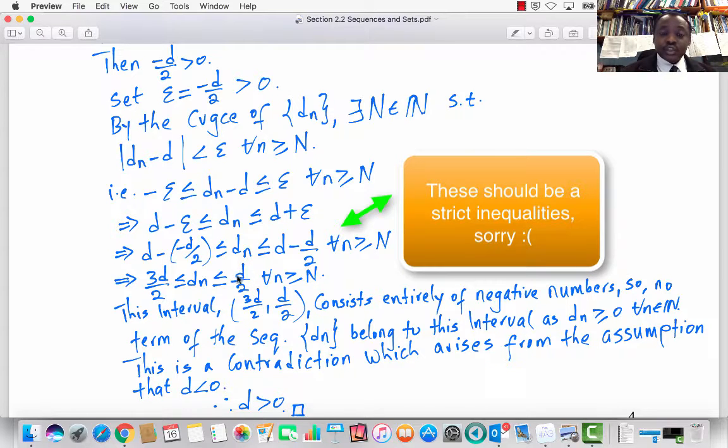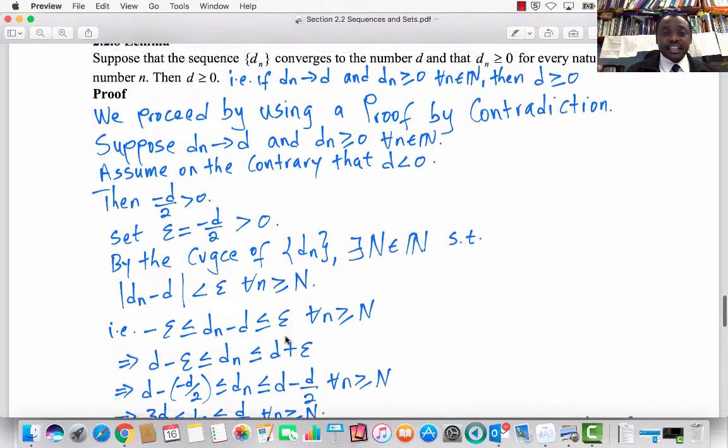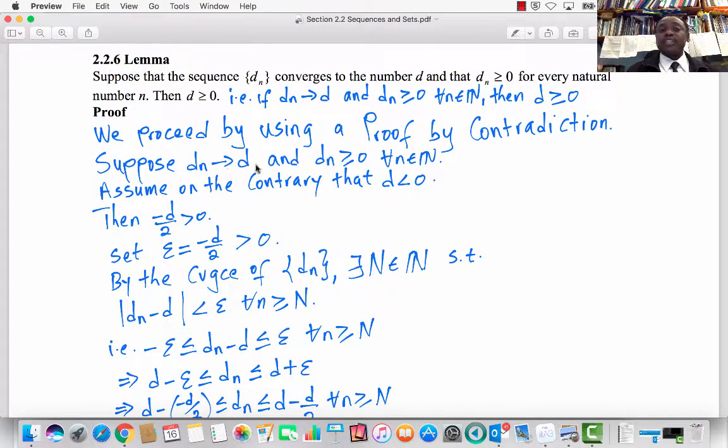But D over 2 is negative. In other words, from uppercase N right up to infinity, all the terms of the sequence Dn are negative because they are all in this interval which consists entirely of negative numbers. But that is a contradiction because our hypothesis says Dn converges to D and all the terms of Dn are non-negative.